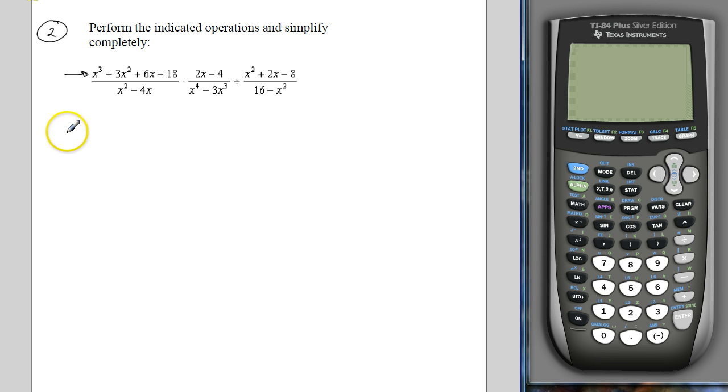Factor by grouping, you're going to break down the first part and the second part. The first part comes out x squared, left over is x minus 3. And then in the back, I can take out a 3, I can take out a 6, and it's x minus 3. Your goal is to get the x minus 3 in the backs to be the same.